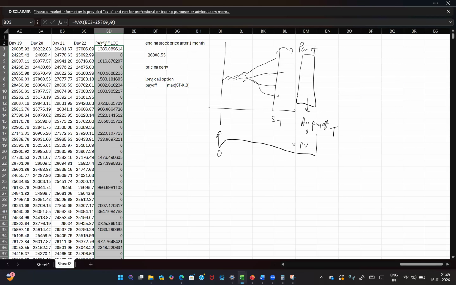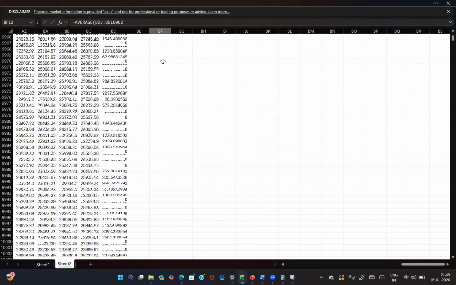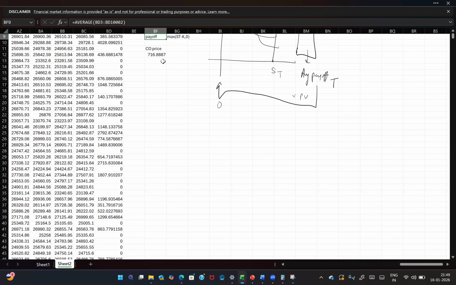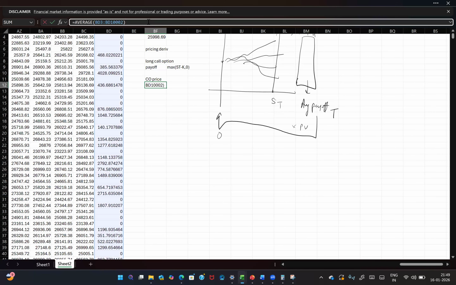Okay. So call option price will be equal to average of the payoffs, which is this, and you need to multiply by the present value factor.